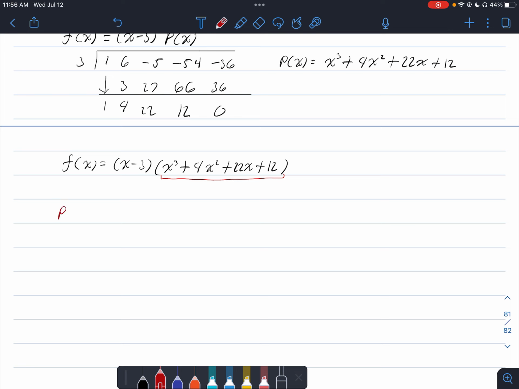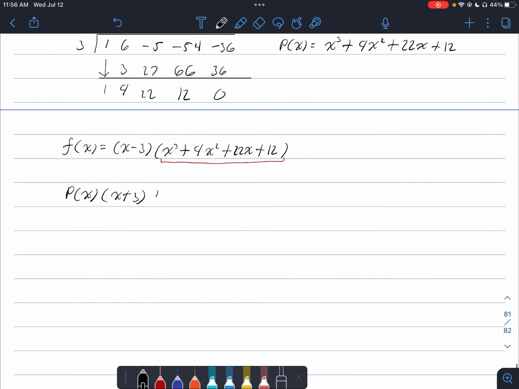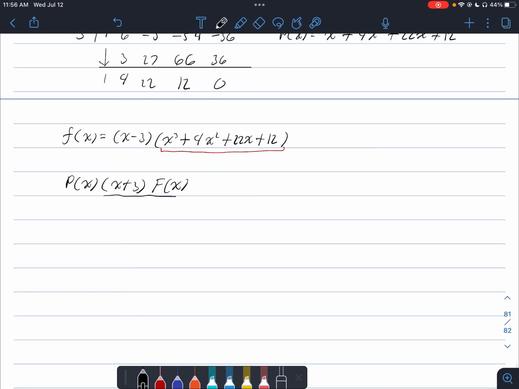We can write p of x as x plus 3 times some polynomial, maybe we'll say capital F of x. And if we want to find capital F of x, we can divide both sides by x plus 3. Sorry, I wrote this kind of strangely.